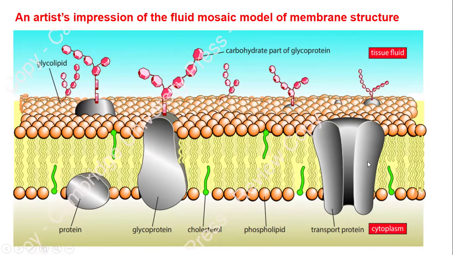They will not be leaving the bilayer, but they can float within, the way you see icebergs in a sea. That is still one of the reasons the membrane is described as fluid.